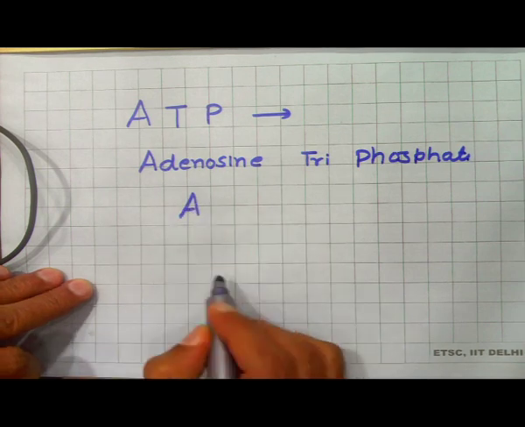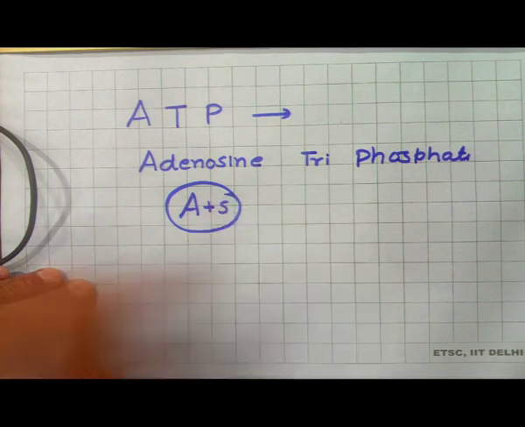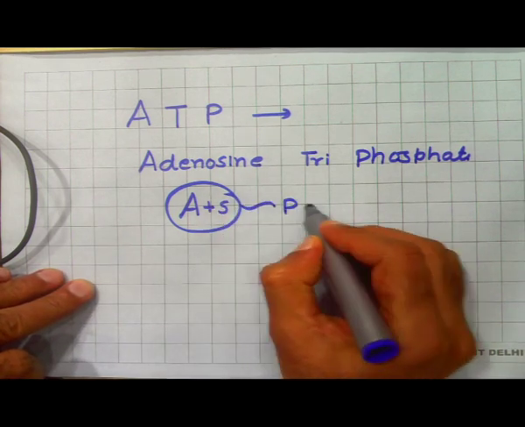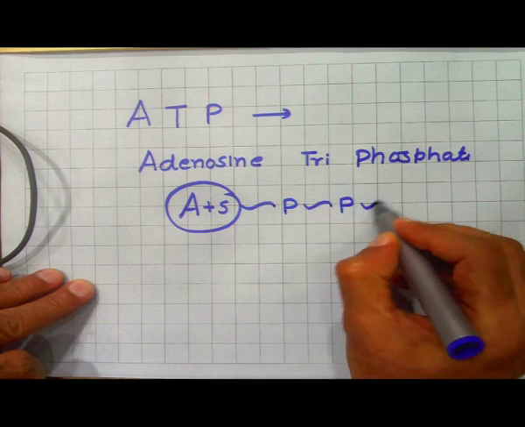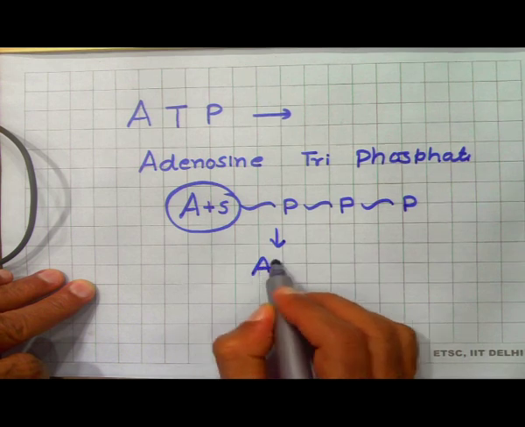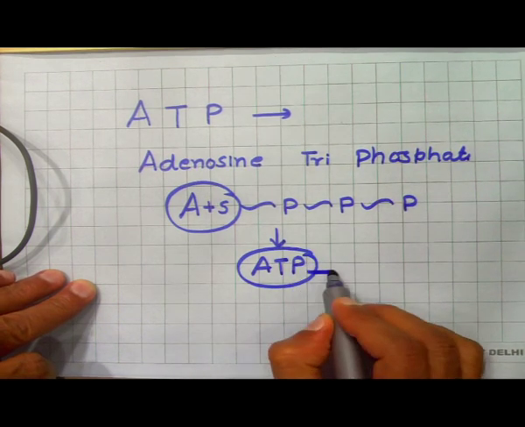It is made by adenine plus sugar, that is adenosine, and three phosphate molecules. Phosphate is in the form of H3PO4, which forms the ATP. It is the main source of energy for the metabolic processes in all living organisms.